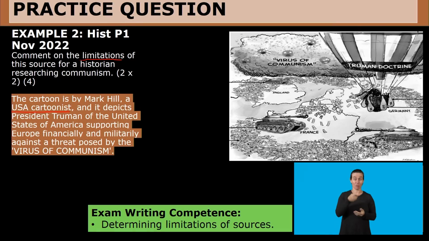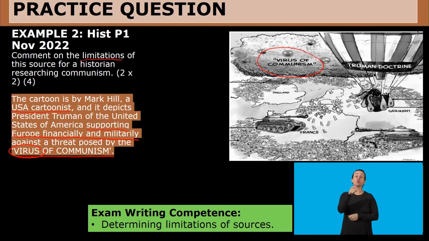And it depicts President Truman of the United States of America supporting Europe financially and militarily against a threat posed by the virus of communism. So the word virus there is very important, and it is in the cartoon itself. It says virus of communism.